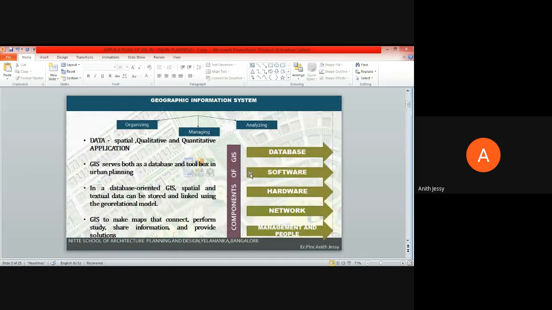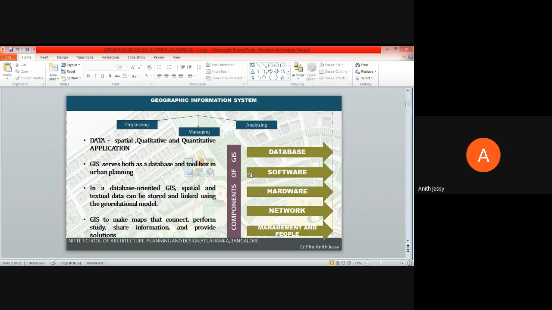To give you an intro of what GIS is, GIS is basically a feature which uses data, and it organizes, manages and analyzes the data. Through GIS, we can understand the existing features and the spatial locations.